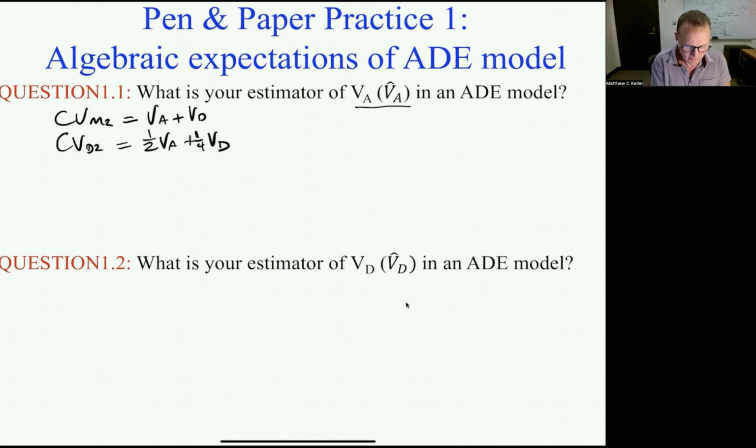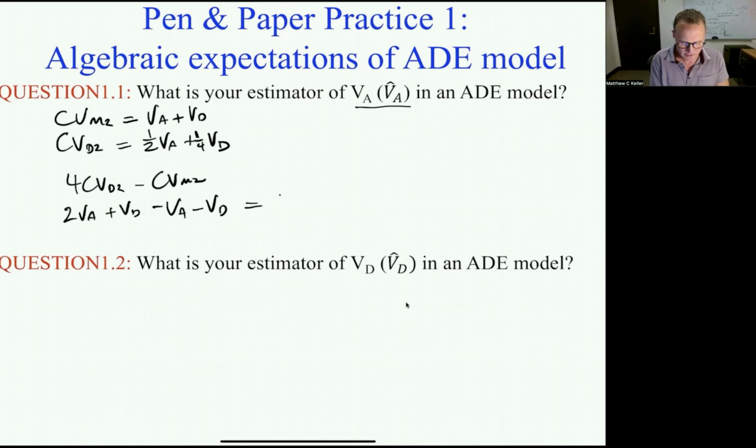That would give us 4 covariance DZ minus the covariance of MZ. Let's see what happens if we try that. 4 times the covariance of DZ would be 2 VA plus VD, and then minus VA minus VD would be VA. Therefore, an estimator of VA hat is 4 times the covariance of DZ twins minus the covariance of MZ twins. These are estimates.